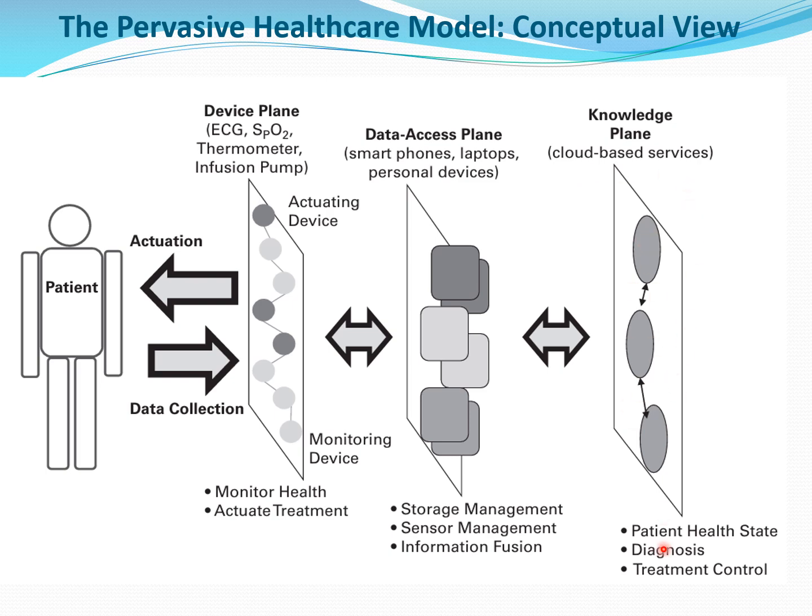What happens here is the patient's health state is diagnosed and the treatment will be actuated. The doctor takes full control and prescribes medicine based on the data collected from the sensors. So the pervasive healthcare model has a device plane, a data access plane, and a knowledge plane.